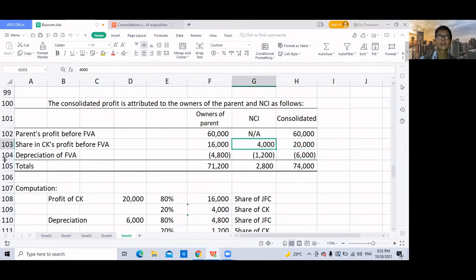Then the depreciation. Of course, 80% of that depreciation expense of 6,000, which is 4,800, goes to JFC, the parent. Then the 1,200, which is 20% of 6,000, goes to the NCI, but it is still included in the consolidated. So what does that mean?